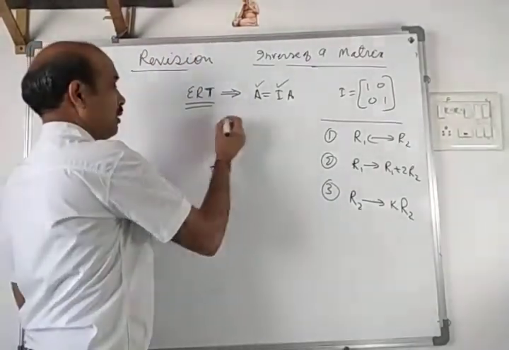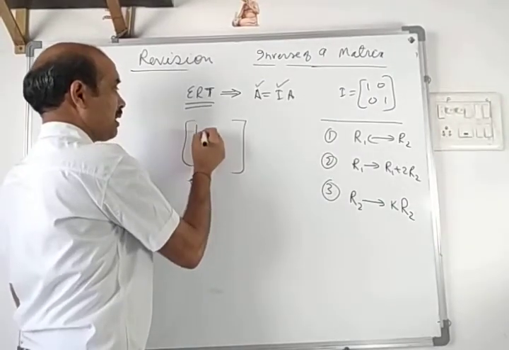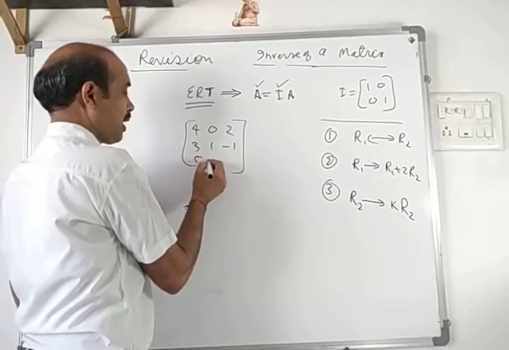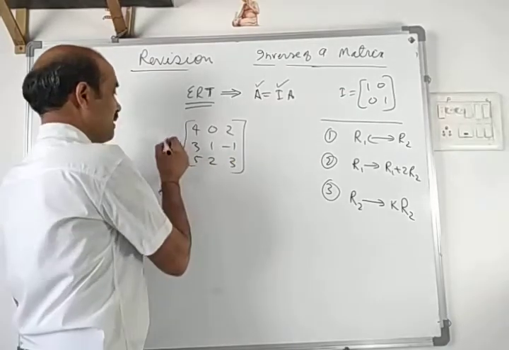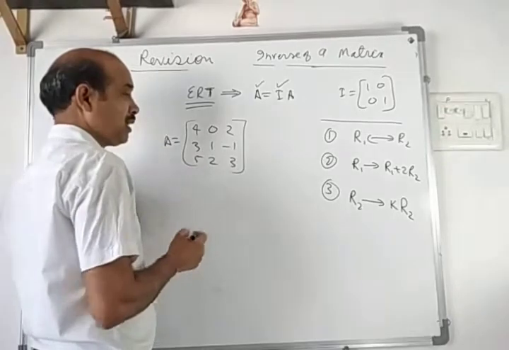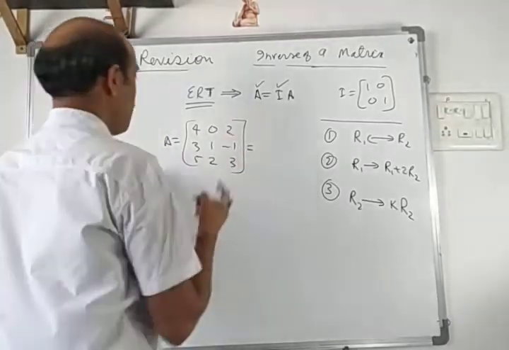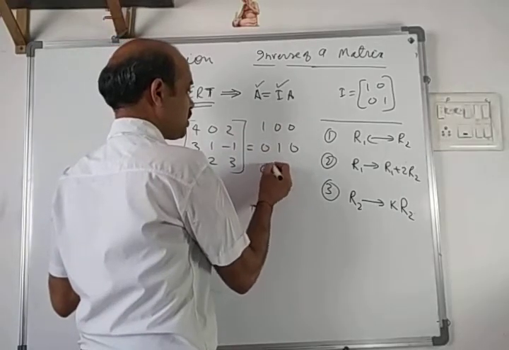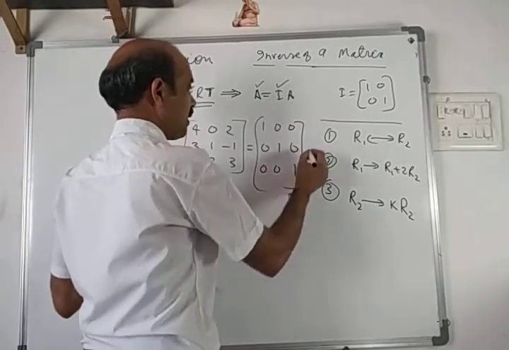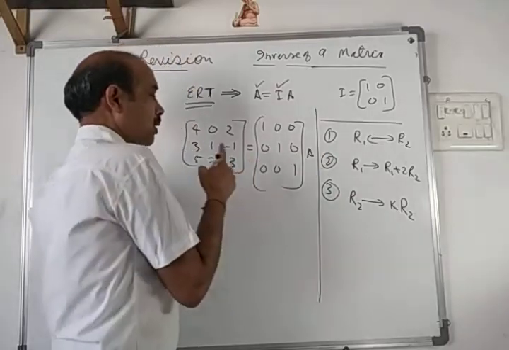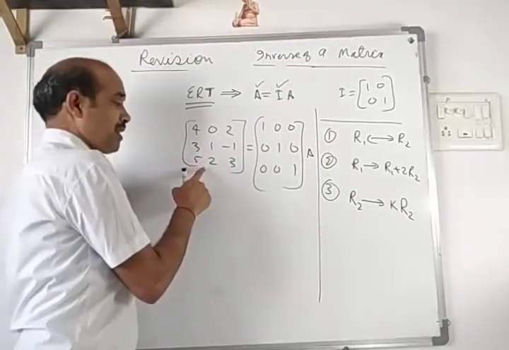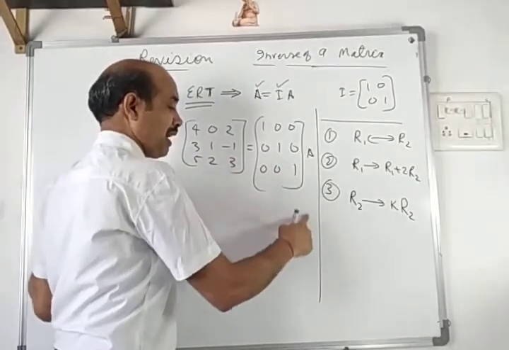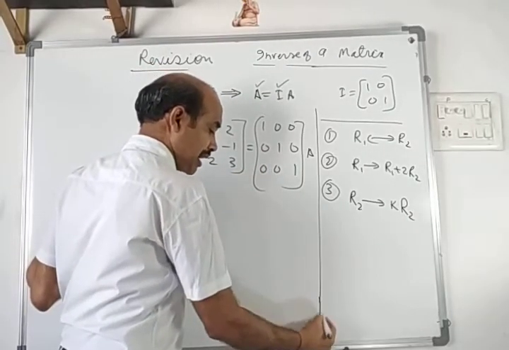Now, if it is 3 by 3, say the matrix A is 4, 0, 2, 3, 1, minus 1, 5, 2, 3, then you have to write A equal to IA. So this will be equal to 1, 0, 0, 0, 1, 0, 0, 0, 1, and then A. Whatever operation you apply here, the same you have to do on this, and A will be as it is till the last step.